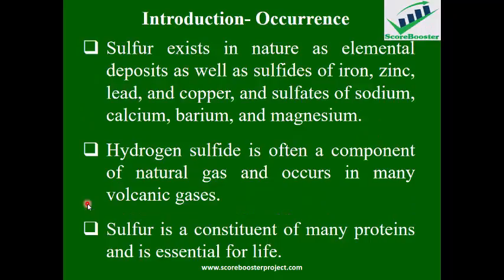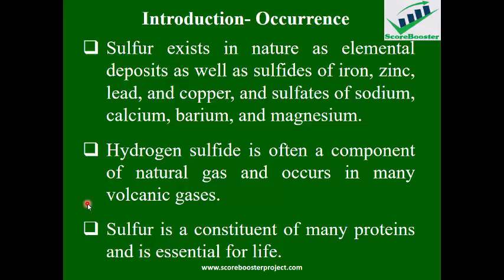As a matter of introduction, sulfur. The occurrence of sulfur in nature is sometimes in elemental form, the purest form of sulfur, occurring in the earth as it is without combining with any other element.